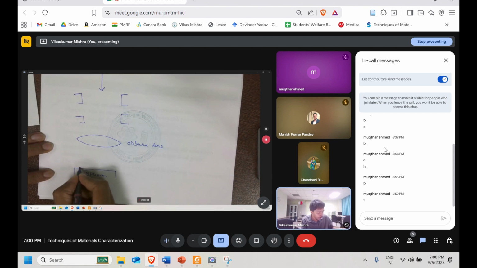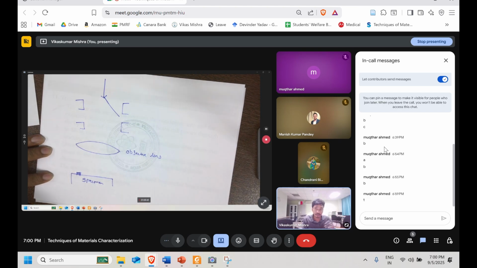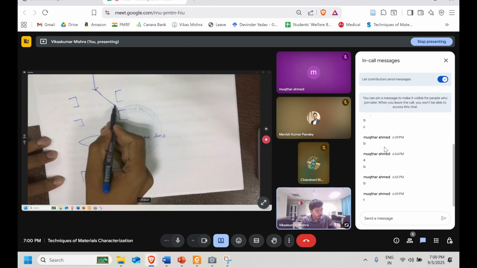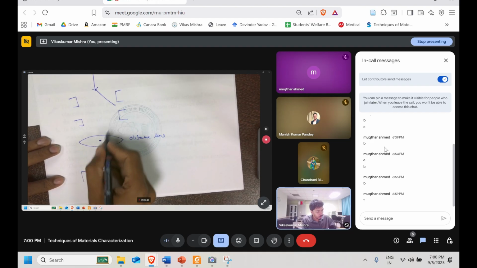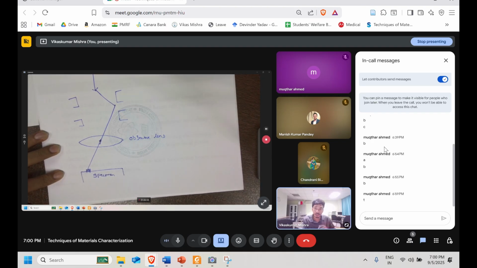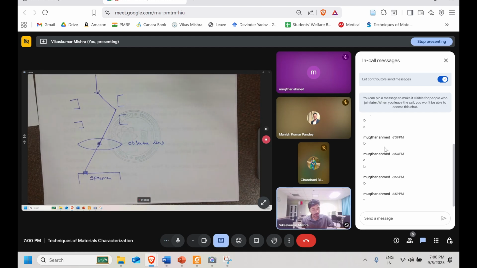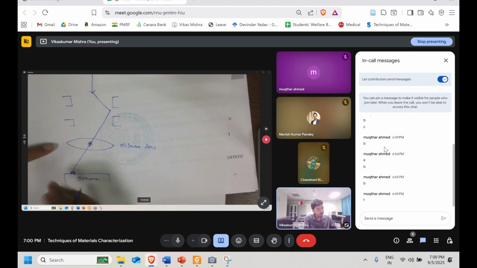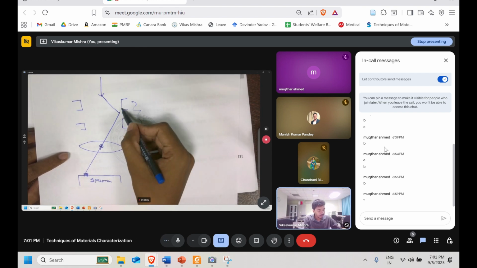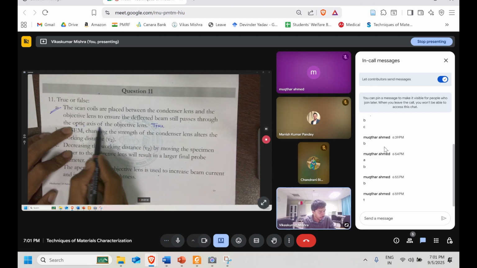You want to focus somewhere over here. So first we'll deflect it corresponding to this particular region. The second will make sure that it passes through the center of the objective lens, so that we can focus it over here. So the combined action is to deflect and to make sure that the beam passes through the optical axis of the objective lens.